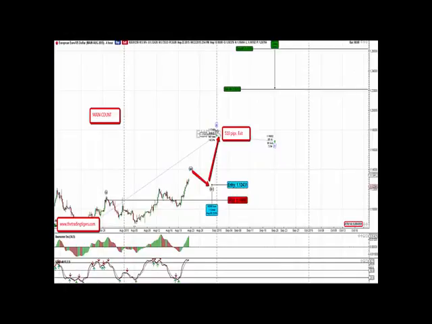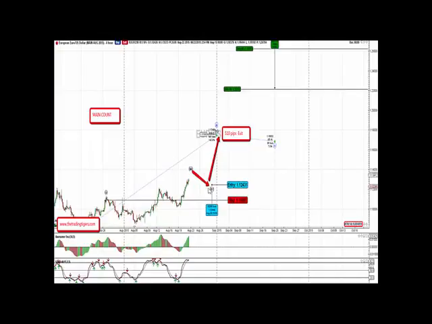You can actually see now what we're looking at. We can see smaller entries, progressive to take, and we're looking at its substructure, which is the minuette, which is black and in brackets, and there's the wave 1, wave 2 comes down there, and wave 3 should be in completion.